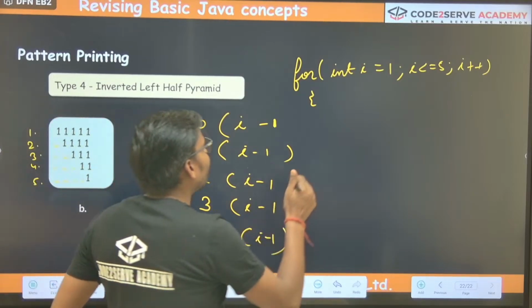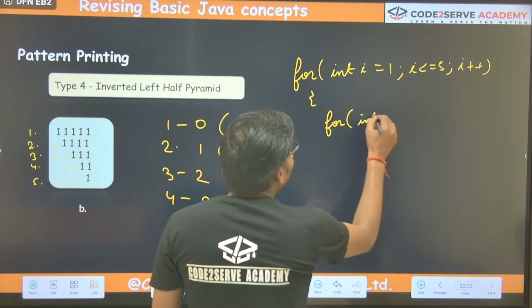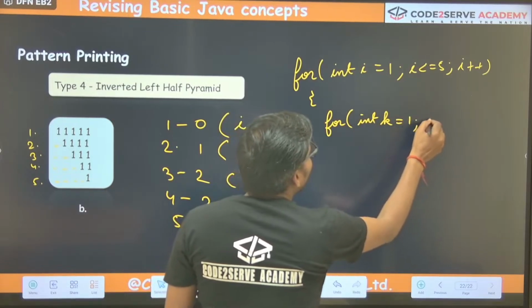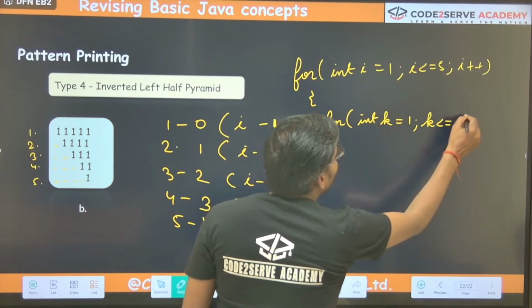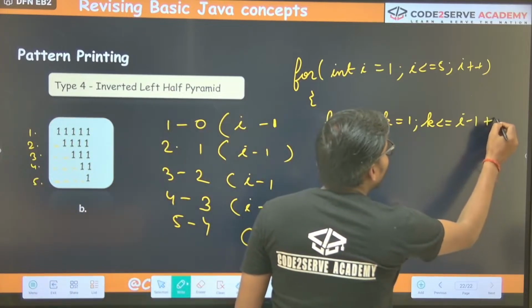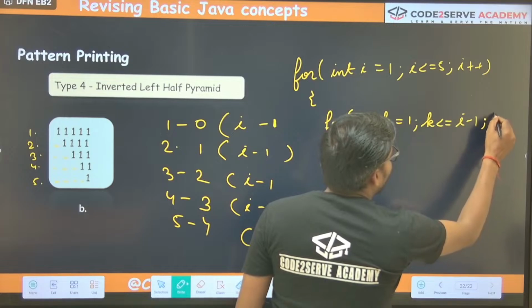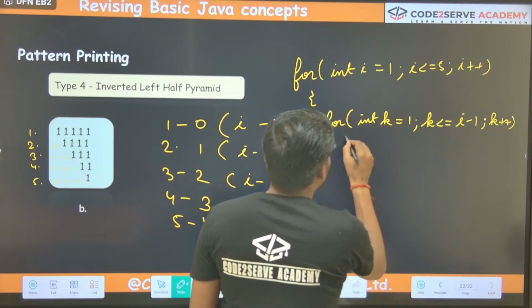Okay. So we can say for int k equals 1, k will be less than or equal to I minus 1. What is the logic? k is less than or equal to I minus 1. All right. Now it will be k plus plus.